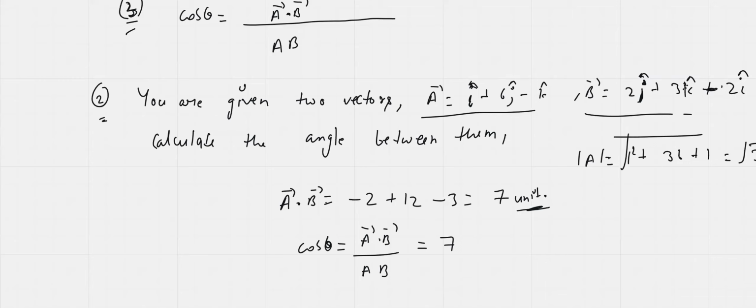This is a. What is b? 4 plus 9 plus 4, that comes out as 17. So you multiply both of them and get root of 38 into 17. This is what your answer is all about.